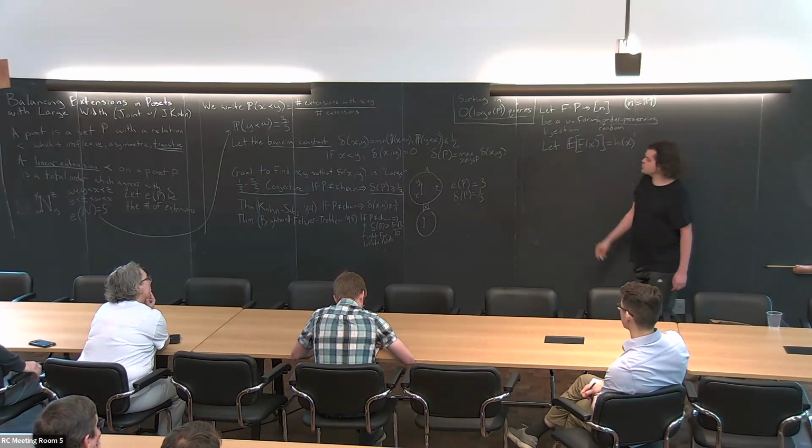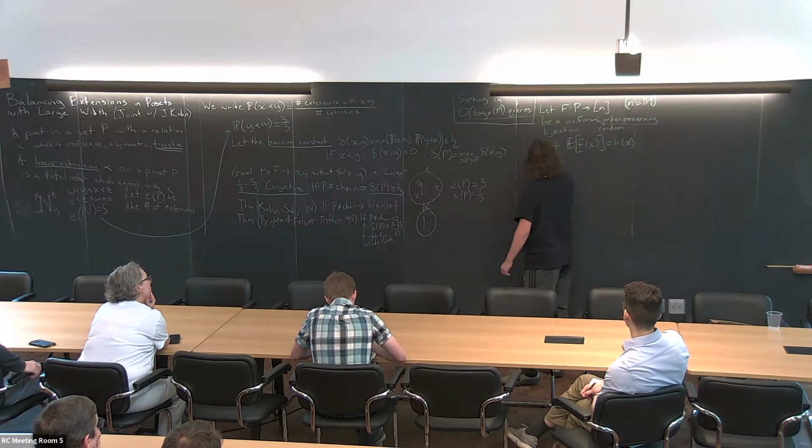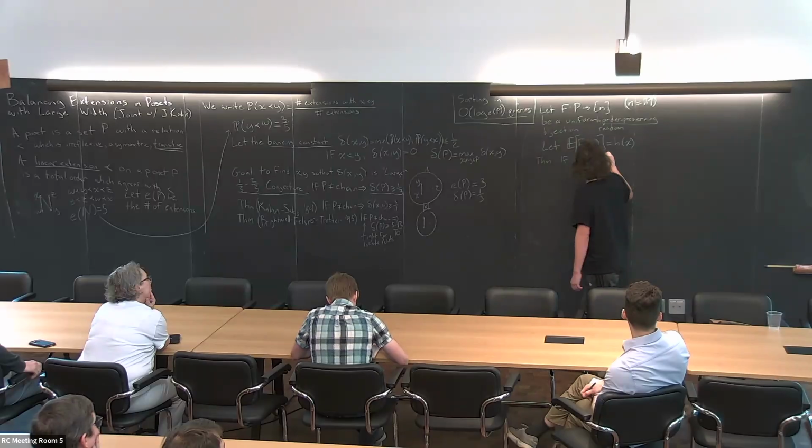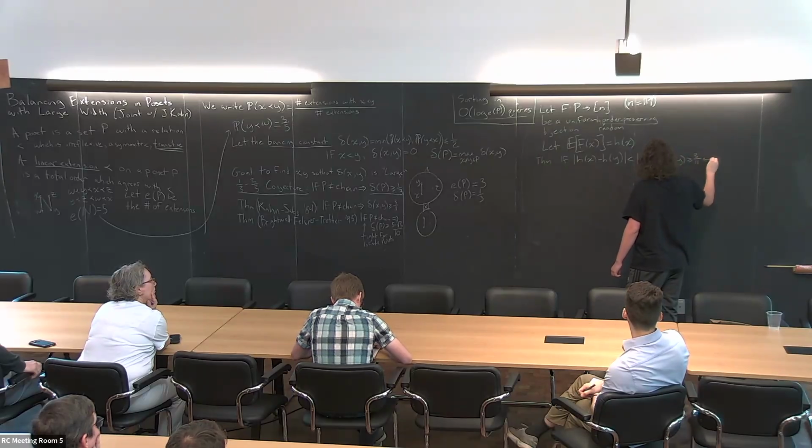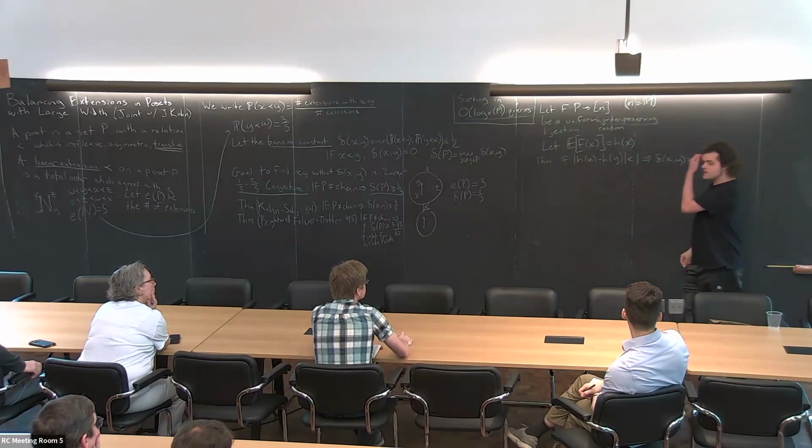So what Mike and Jeff actually showed is that if the absolute difference between the height of x and the height of y is strictly less than 1, that implies that delta of x and y is at least 3/11. And that right there is in fact tight.